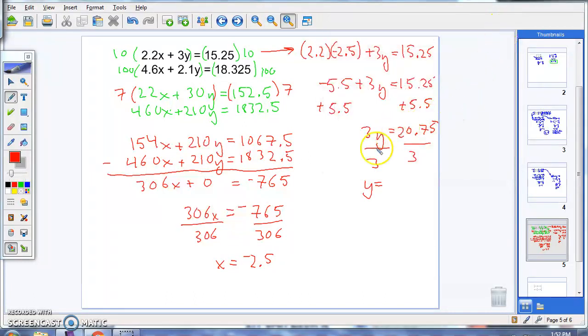That's weird. 6, no, that's a 9. We'll call it 6.91, 6.9167, because it's 6.91 with 6 repeating. Okay. And there we go. There is your decimal solution.